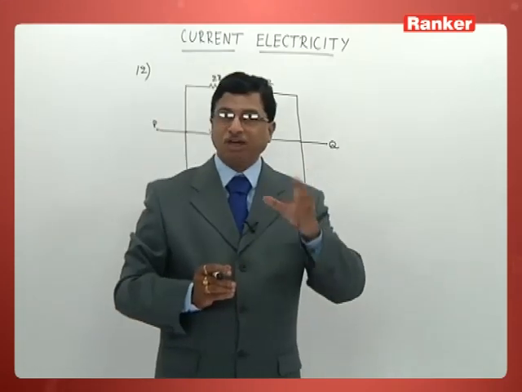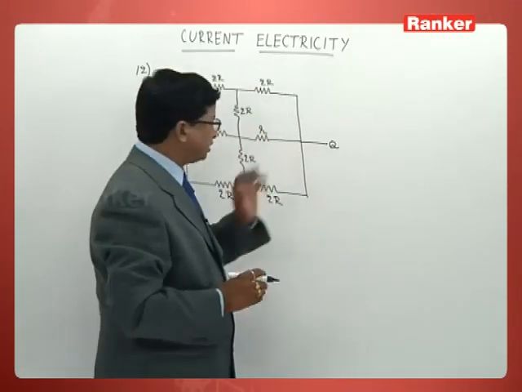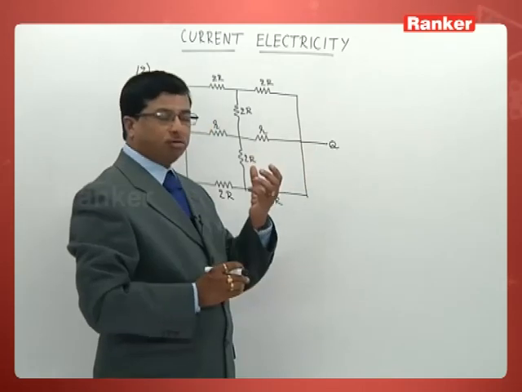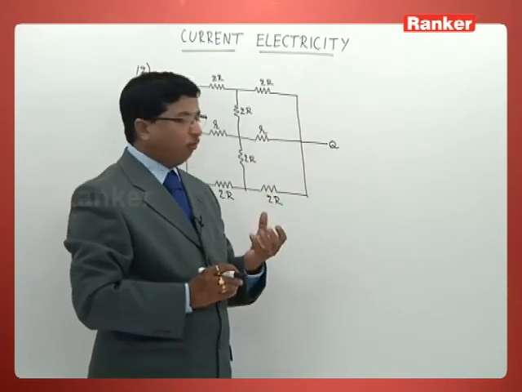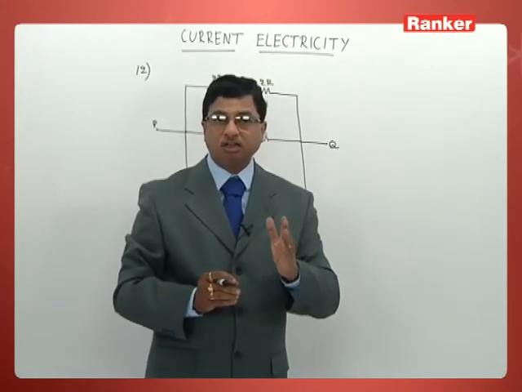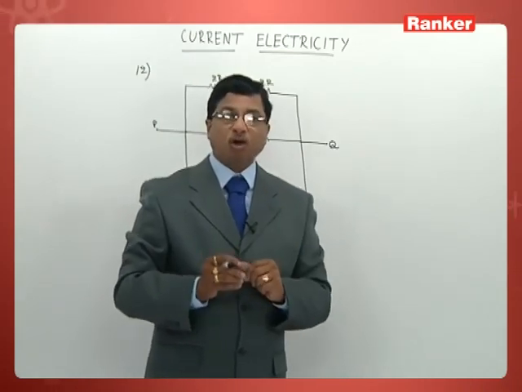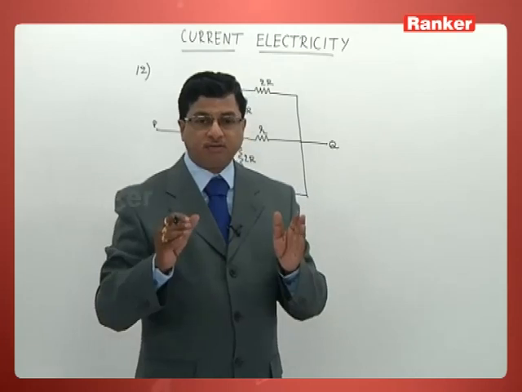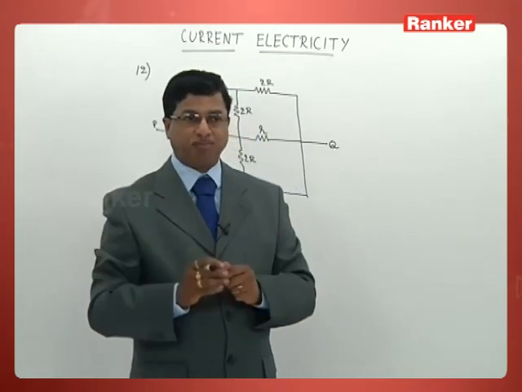But try to understand one point before taking up this. We should first know what exactly the concept of resistances connected in series is, and what exactly the concept of resistances connected in parallel is.